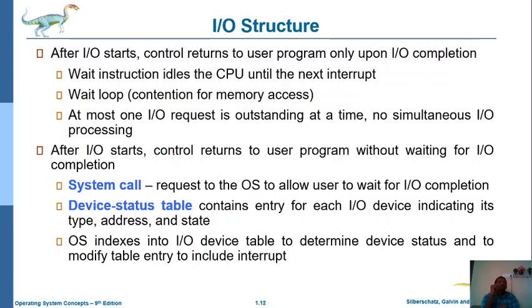The first type of IO structure is: once IO is started, that means either an input or output device starts sending signals, then control returns to the user program only.